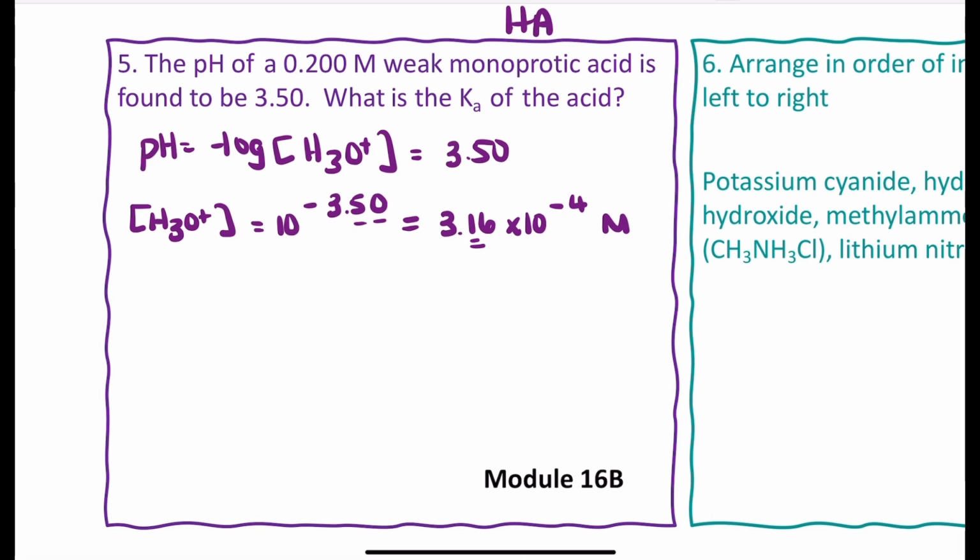But that gives me an idea of how to solve the question for Ka, because that is the equilibrium concentration of hydronium. If I set up an equilibrium, if I set up my RICE chart, I'll get it eventually: HA plus water forms an equilibrium, and I know this forms my conjugate base, A−, and H3O+.